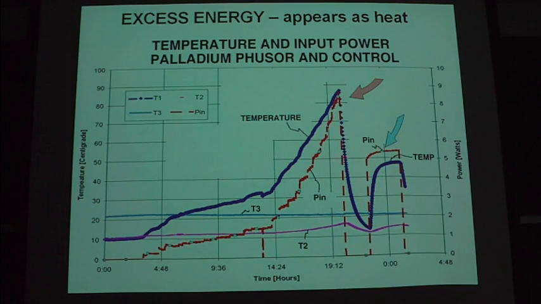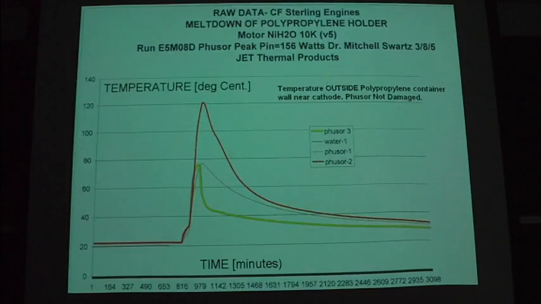For the same amount of power in, this is our control. We're getting a lower temperature, about 45 or 46 degrees, versus here, where we're getting closer to 70 degrees centigrade. We clearly see a difference between the two.